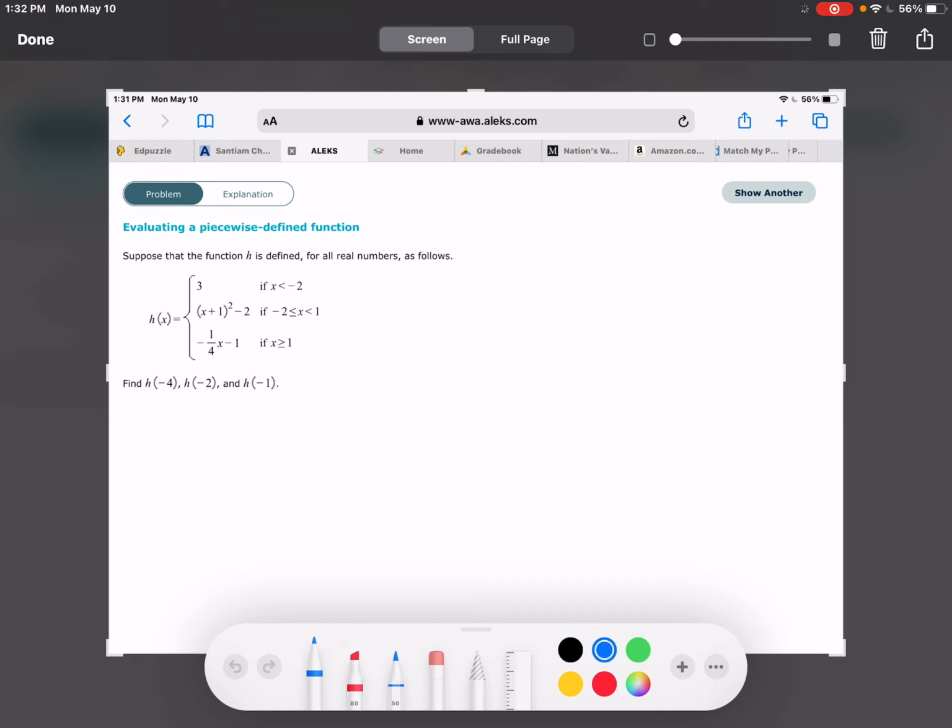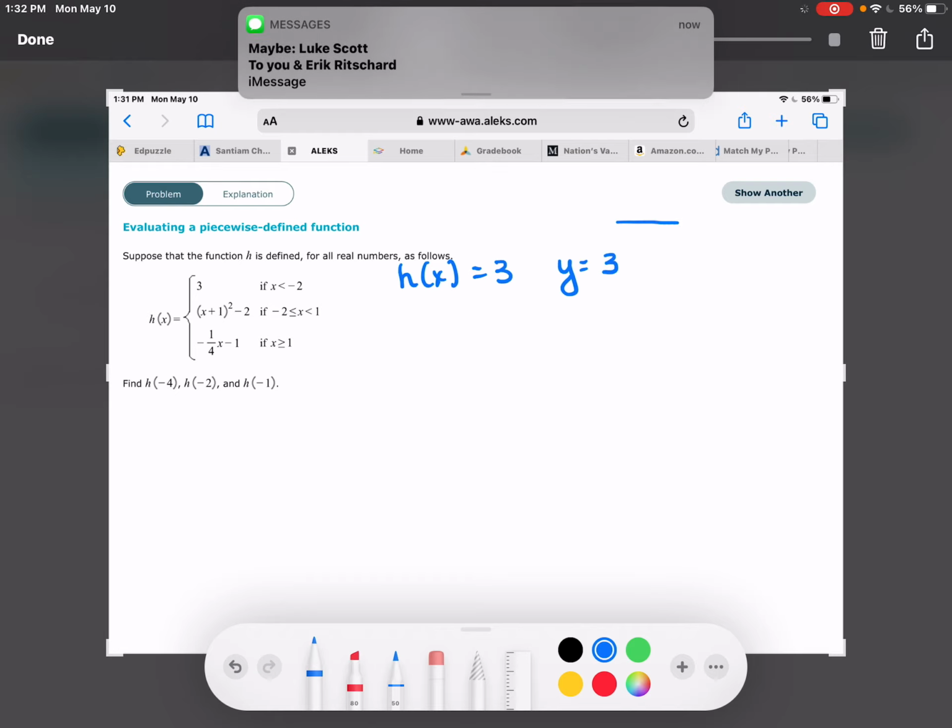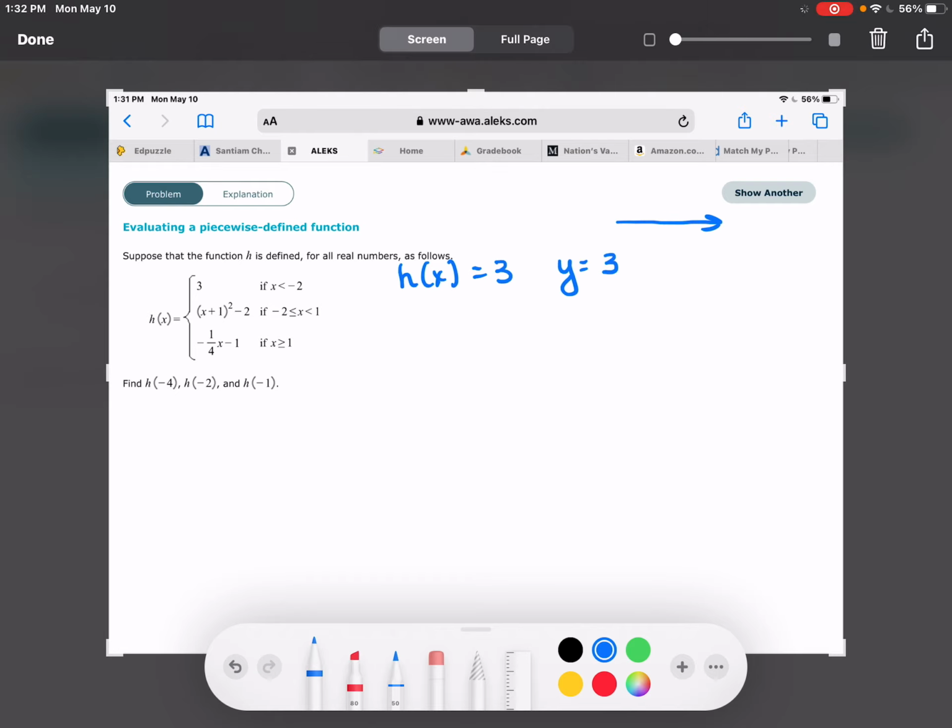We have the h of x equals 3. That's like saying y equals 3. And so that's actually a horizontal line that goes through y equals 3. And then the second piece, the h of x equals (x plus 1) squared minus 2, is a quadratic.